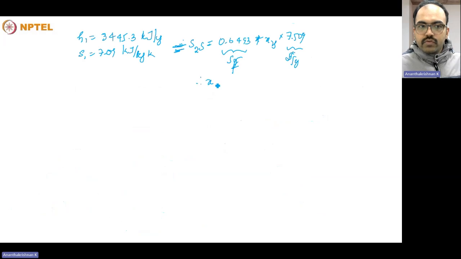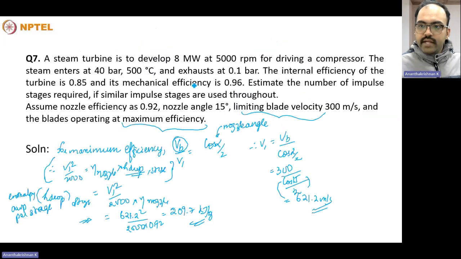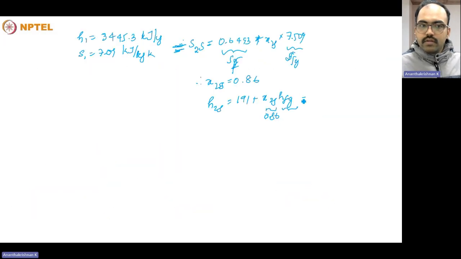From there, we will get x2s equal to 0.86. H2s will be equal to Hf plus x Hfg at the second operating condition. That will be equal to 2246.5 kilojoule per kilogram.